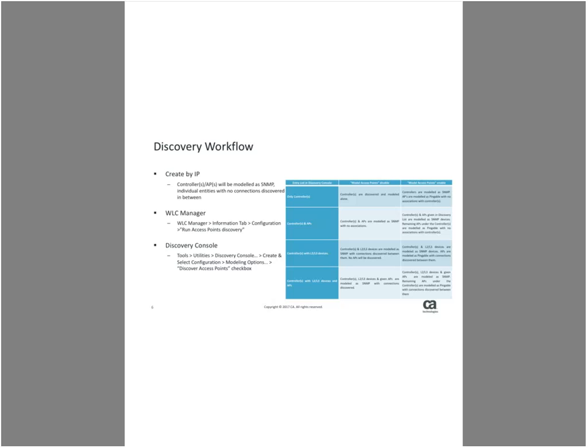And lastly, you have a discovery console, and within that you have a modeling option where you can choose whether you want to enable or disable the access point discovery when you are modeling or discovering the controller. So that is the flexible model of Spectrum in terms of discovery of your wireless inventory that we thought we'd touch upon.